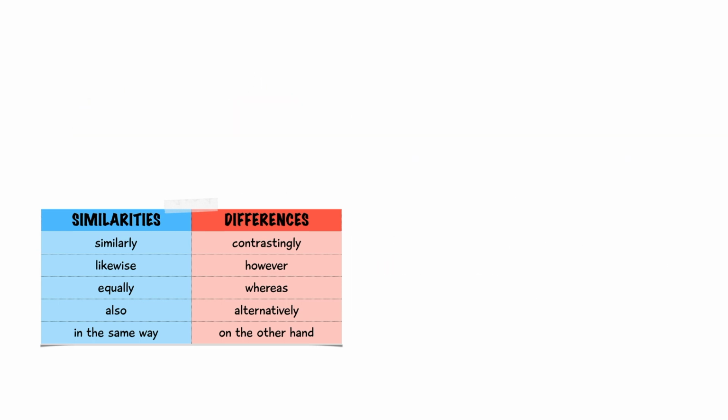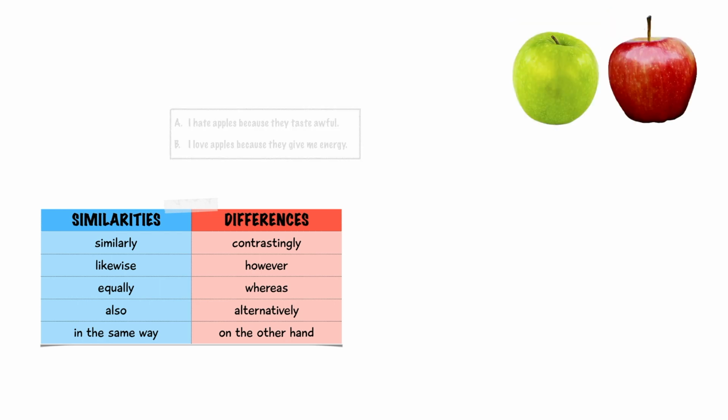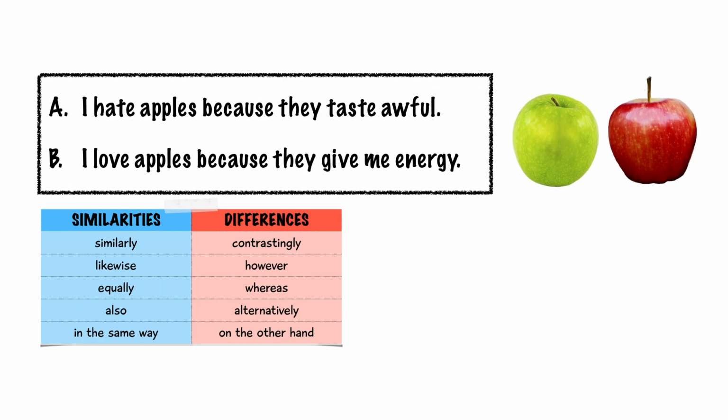Now, instead of comparing images, let's say we're trying to compare 2 pieces of text. Here we have A and B. A says, I hate apples because they taste awful. B says, I love apples because they give me energy. Both A and B are talking about apples and telling us their opinion on them, so that's a similarity.